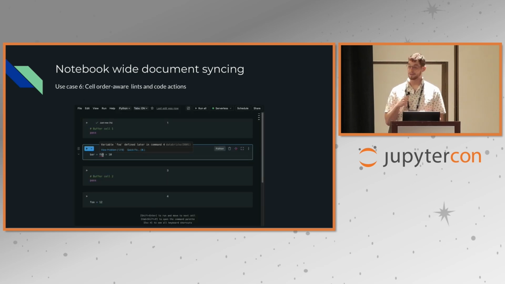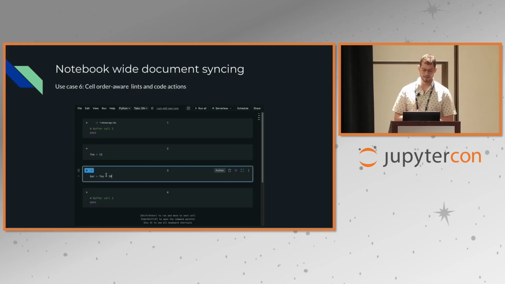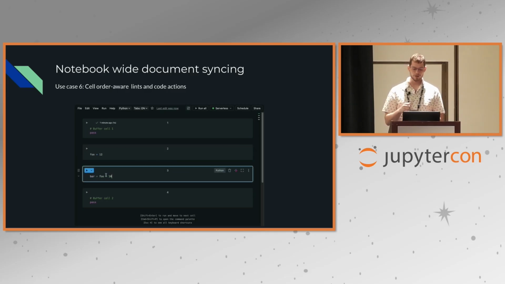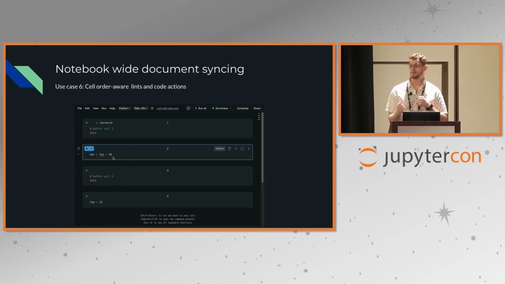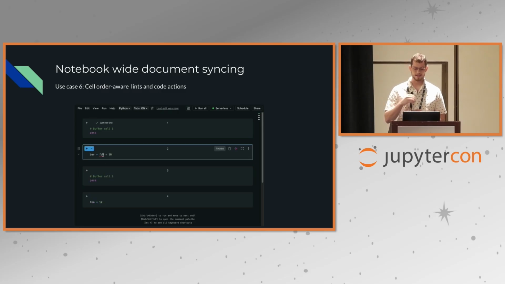Then we can give you lints that are cell order aware. For example, in this case, we have a cell that references a variable foo, but foo itself is defined in a subsequent cell. Now, you could execute cells out of order and everything will work. However, if you just press run all or something like that, this will fail because by the time the second cell is executed, the fourth cell has not yet been executed.